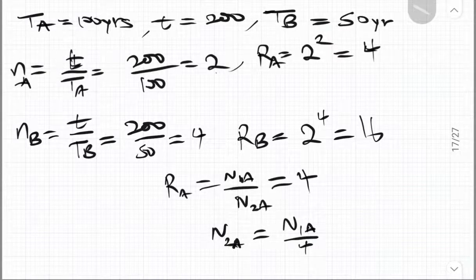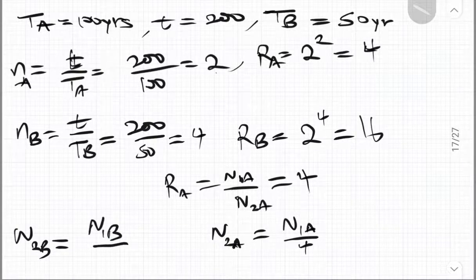Same thing for B, N2 of B will be N initial of B over R_B, which is 16.